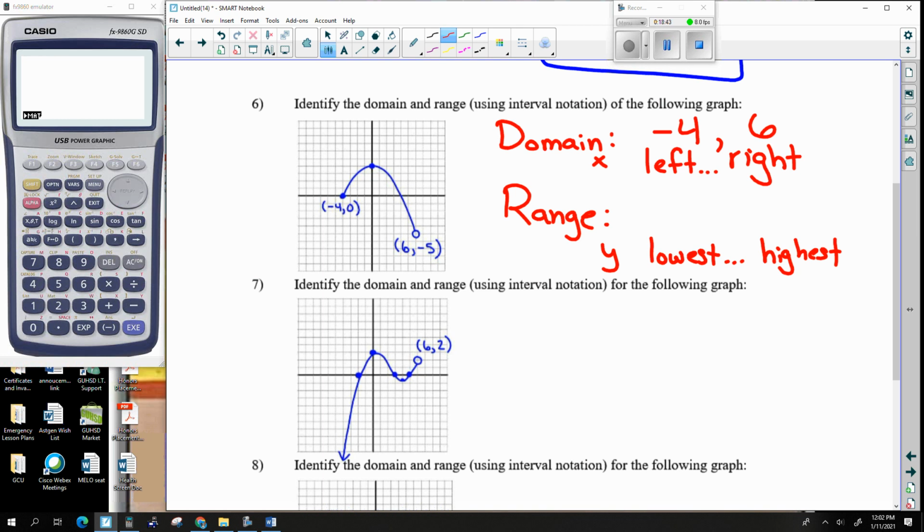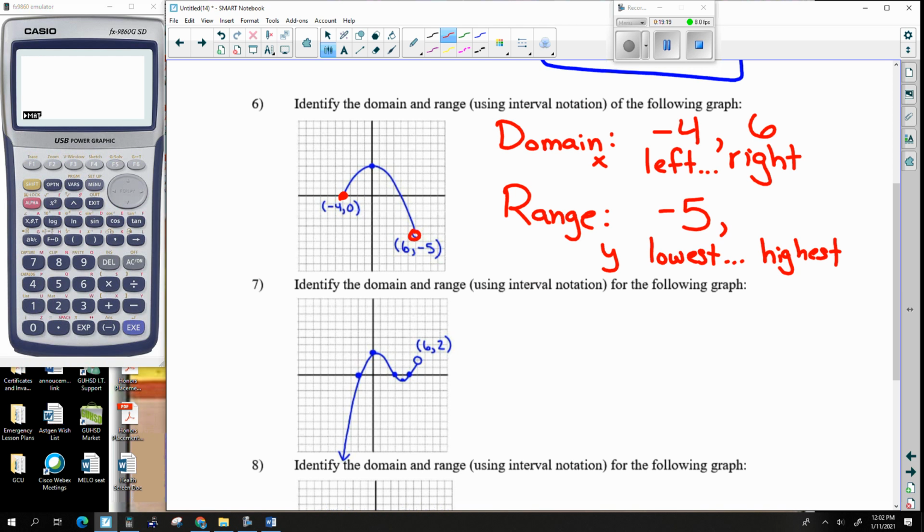All right, the range, the lowest. If I start at the very, very bottom, what's the lowest part that I'm going to hit? Boom, right there. That occurs at -5. -5 is the lowest this thing gets. Now, where is the top? Some people might think, oh, this is the top.